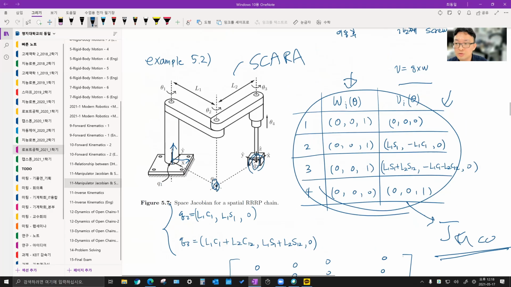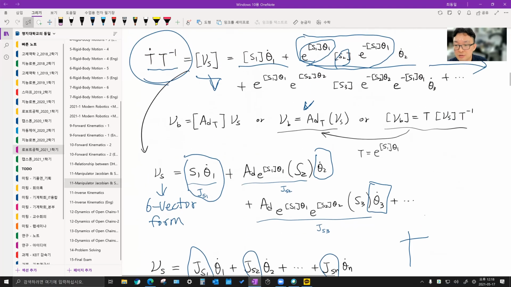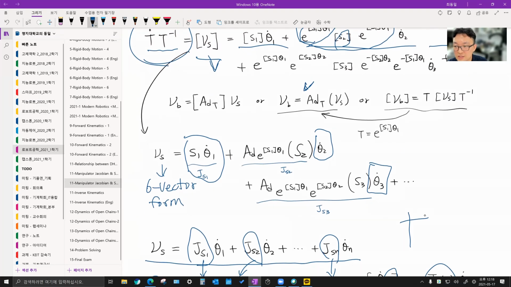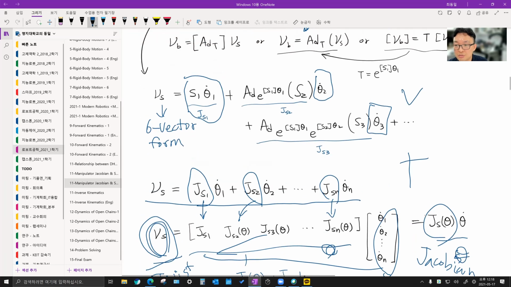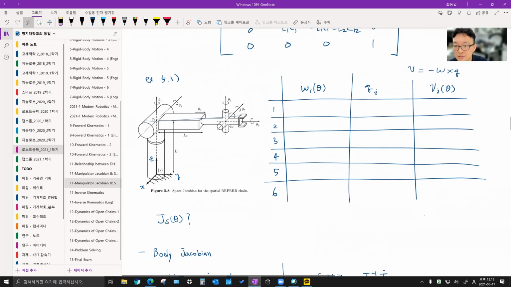So even though the equation seems very complex, actually the Jacobian can be found very, very easily. Let us find the other example here.